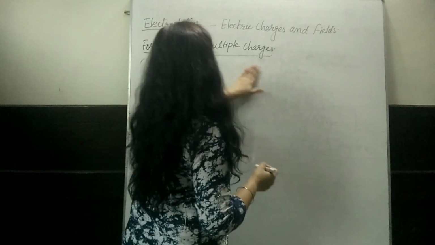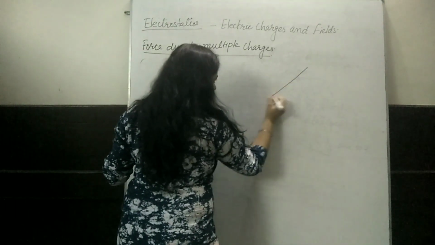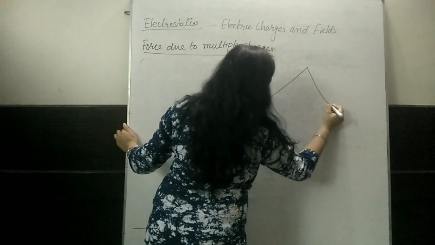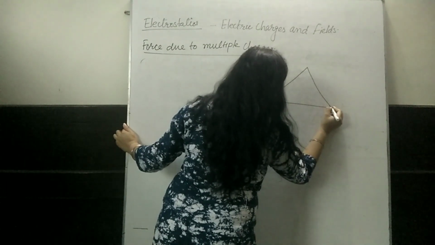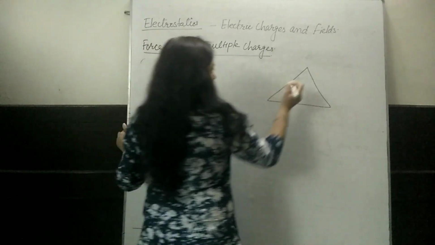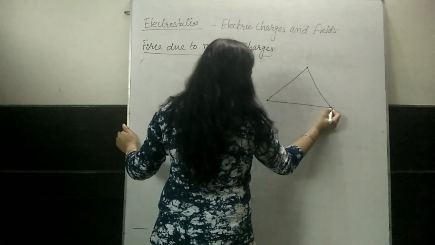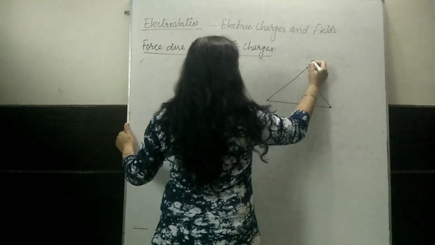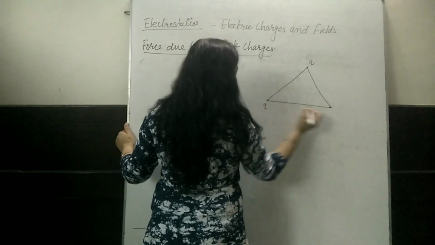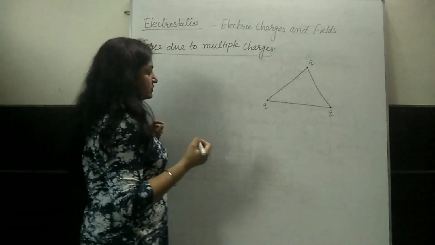Let us consider arbitrary values. Let us consider 3 point charges placed at the 3 vertices of an equilateral triangle. This is the simplest case I am taking.